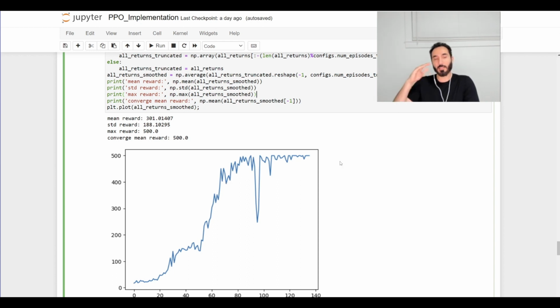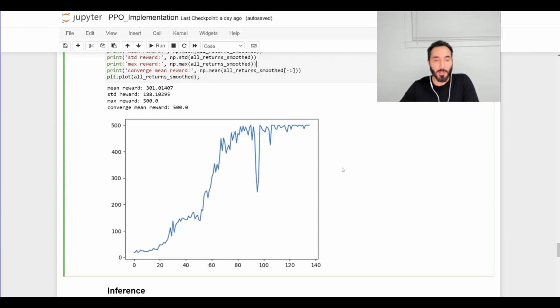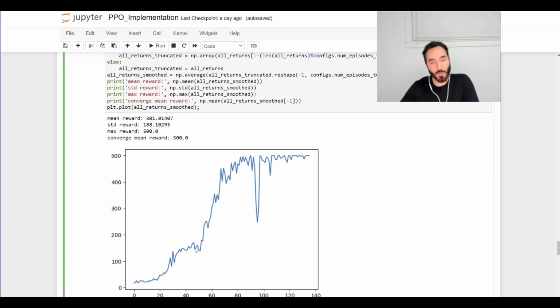So as we discussed, this specific game is maxed out at the value of the total reward of 500. And you can see that it goes up, and this part here, you see that it did some kind of exploration, which was really bad, but fortunately it could recover from it. And it's not always the case.